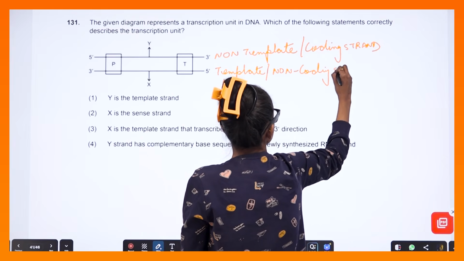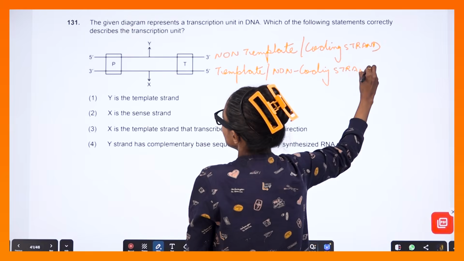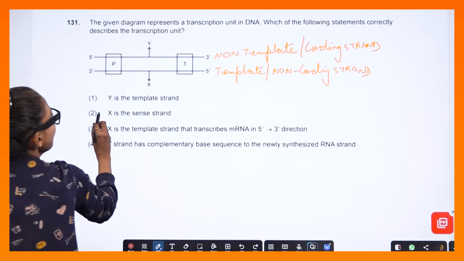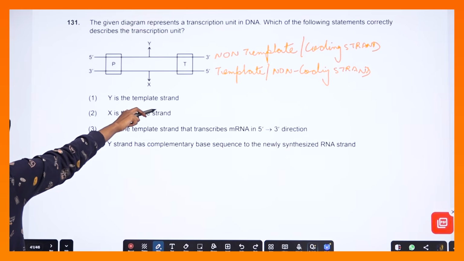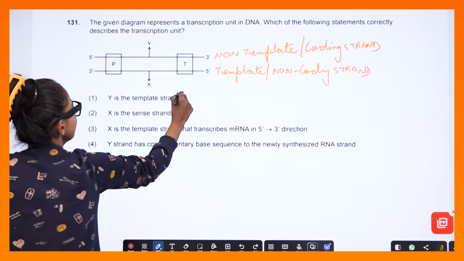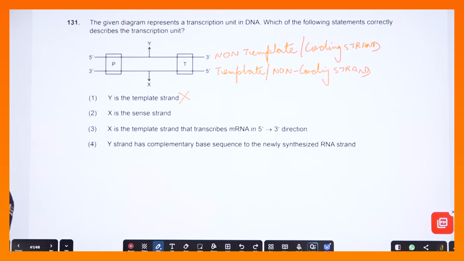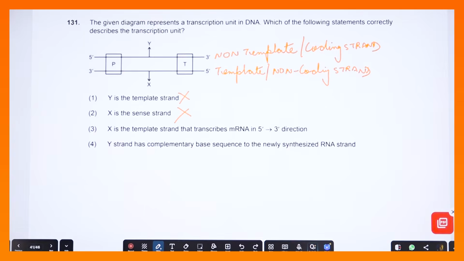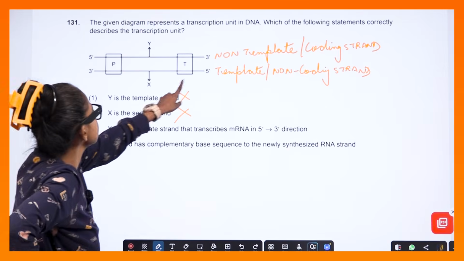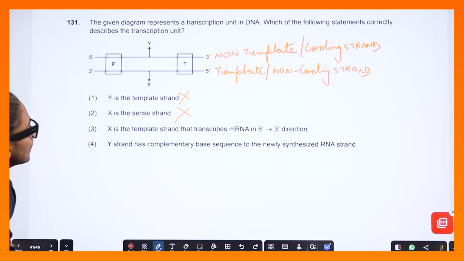So here they are saying Y is a template strand. No, Y is non-template. False. X is the sense strand. I'm not taking that. X is the template strand. True. X is template. That transcribes mRNA.